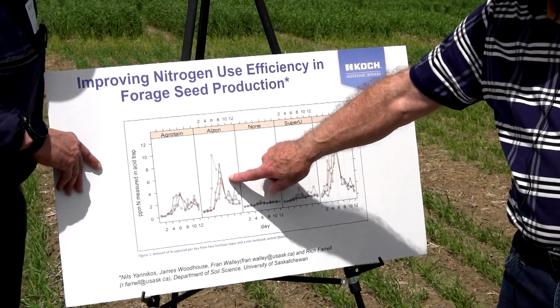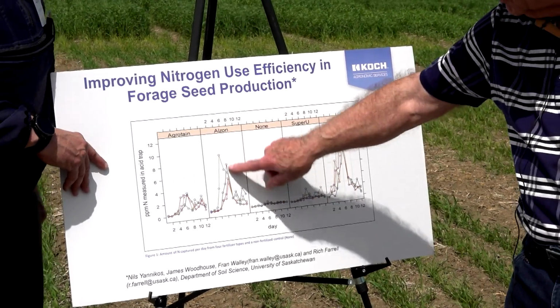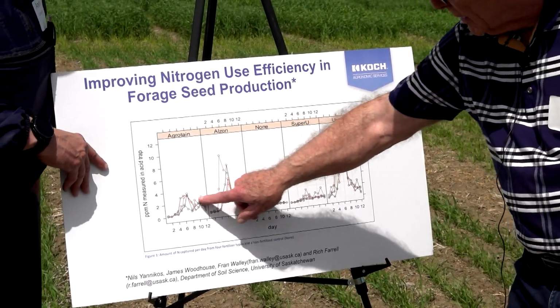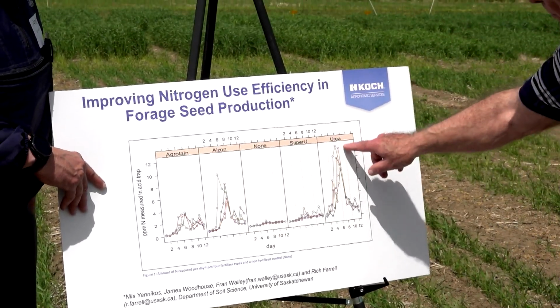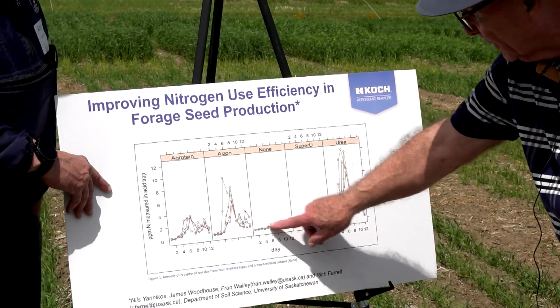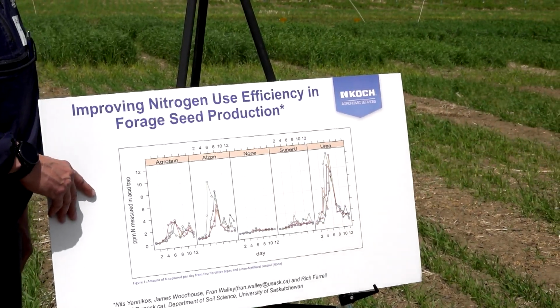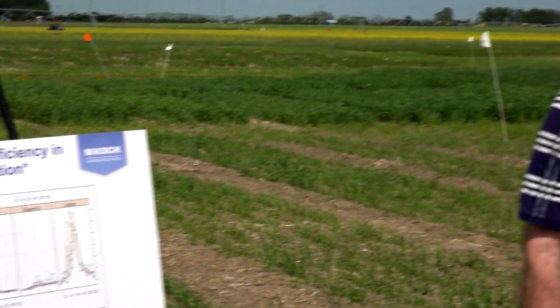Then they brought a product from Europe, Alzon, which is a nitrification inhibitor. Then they used Agrotain, see how it dropped. And then they used Super U. And this is the control where they didn't put any fertilizer. So you can see how the losses were reduced.